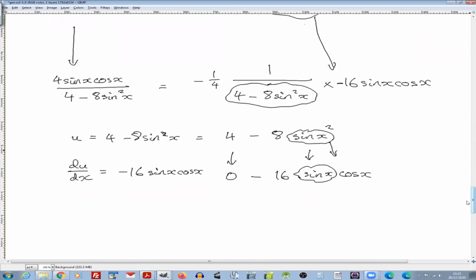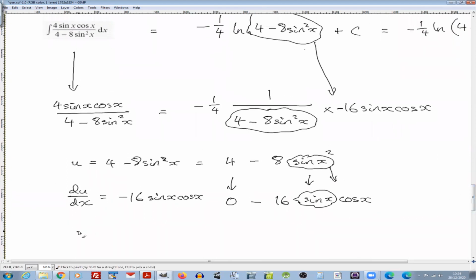Oh, and then having done that, of course, you could say, therefore, dx I can replace with 1 over that, or minus 1 over 16 sine x cos x.